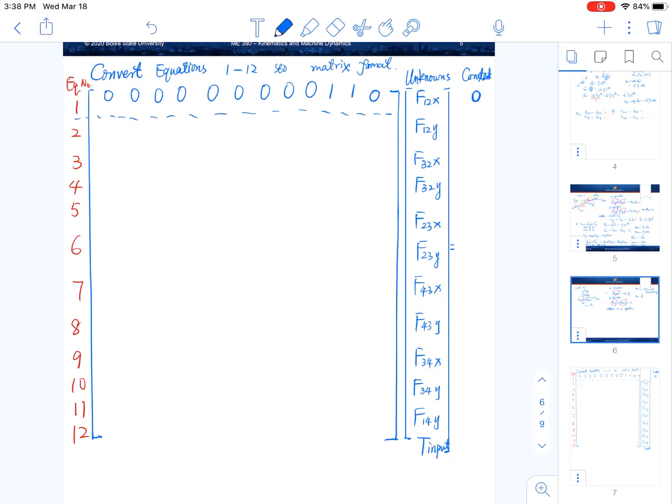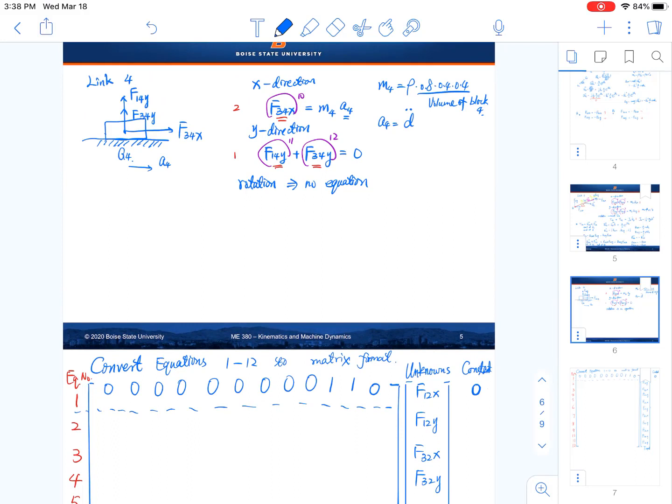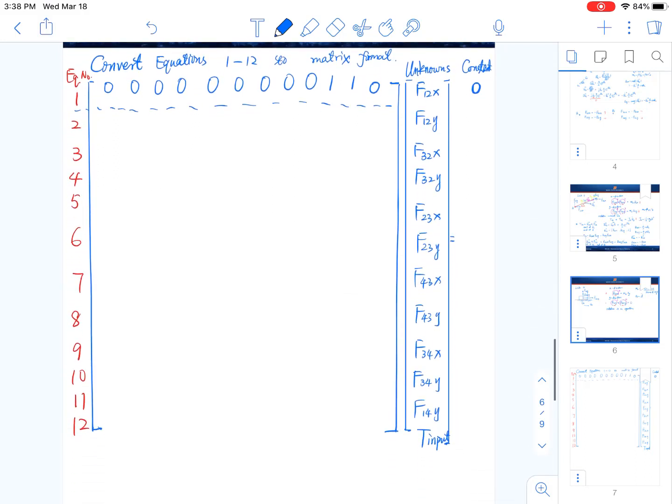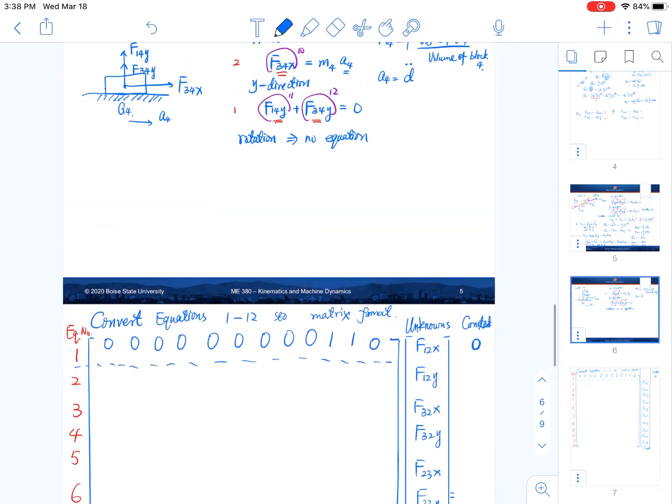First of all, you organize all the unknowns in a column vector, and then you number the equations from top to bottom, 1 to 12. And then the way you fill in the first row is you find equation number 1, which is here. You need to find the coefficients of all these 12 unknowns and then fill in these coefficients.